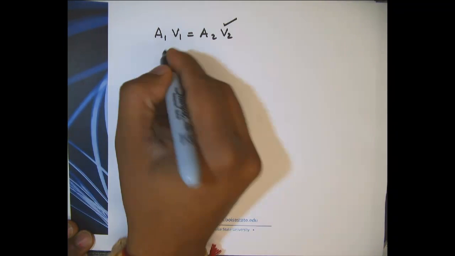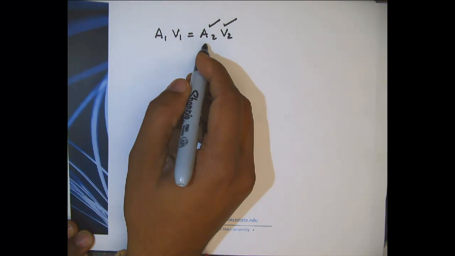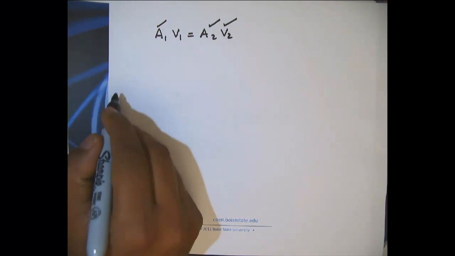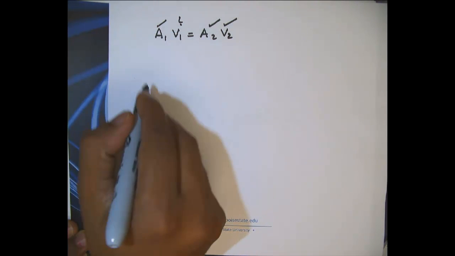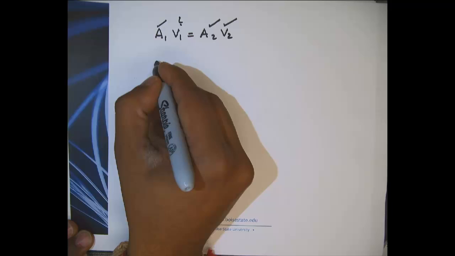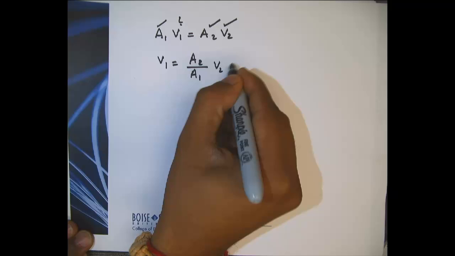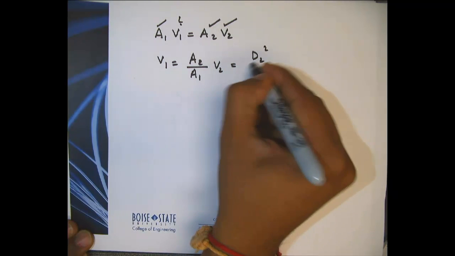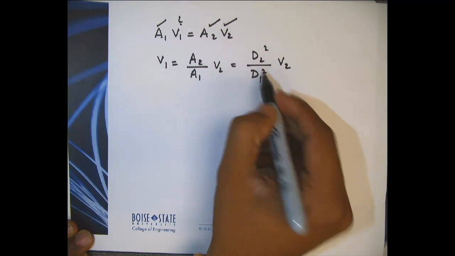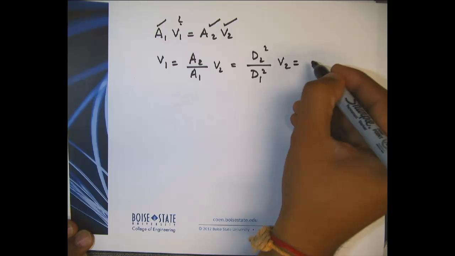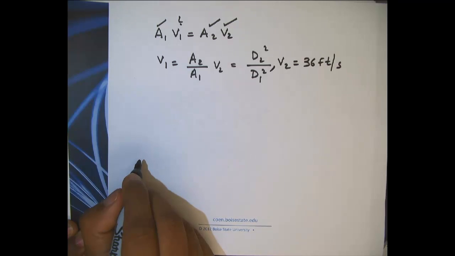We know V2, we know A2. Make sure A2 has a different diameter and A1 is a different diameter pipe, so the areas will be different. So we are after V1, we have one equation, one unknown, so we can easily solve this. So I can write V1 equals A2 over A1 times V2. If I put in the numbers or the variables here, the pi over 4's cancel each other, so I'm not putting them here. So you should end up with 36 feet per second.